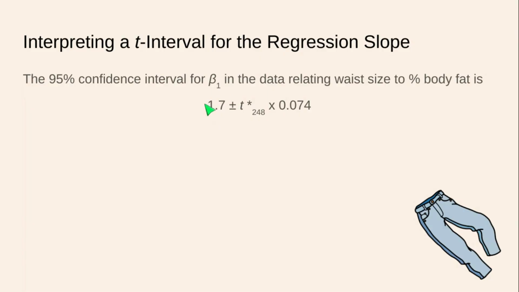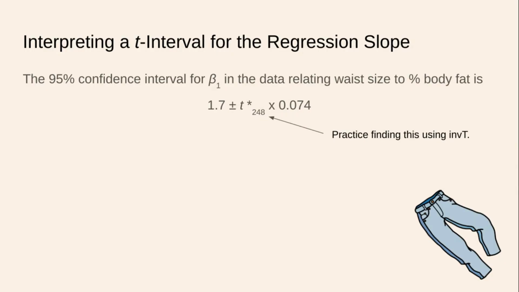That's the slope from our sample regression line, plus or minus a t-star value with 248 degrees of freedom. If you recall, our sample size was 250. We take away 2, so 248 degrees of freedom, times the standard error for b1, which is 0.074.